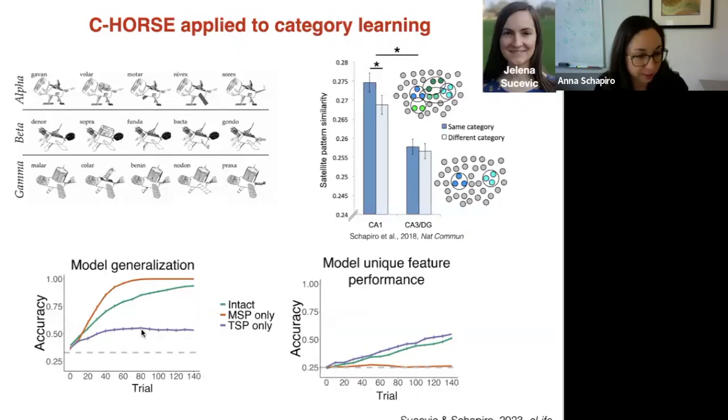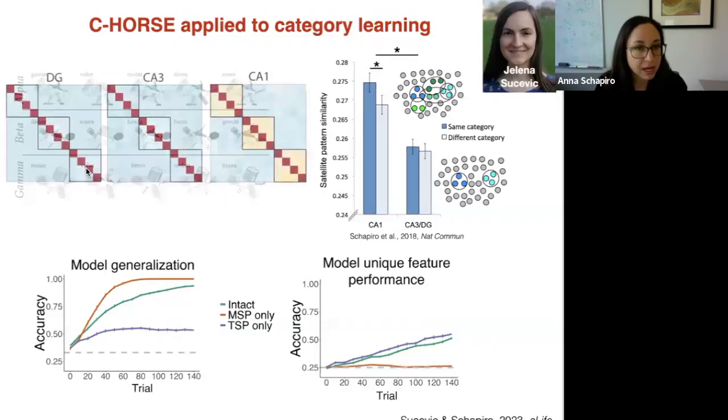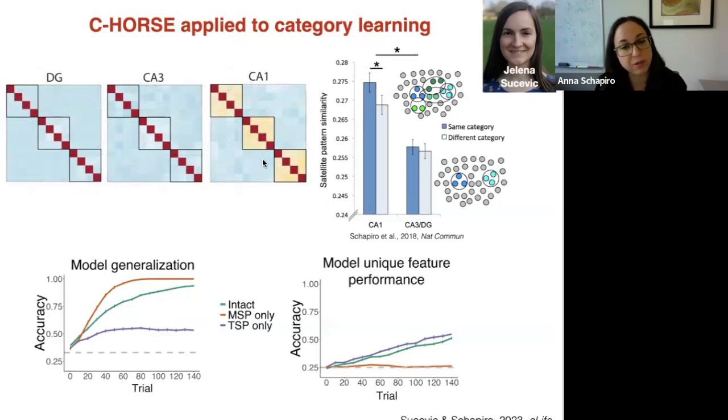But it's really the monosynaptic pathway that's understanding the category structure. And the internal representations in the model are what you'd expect. CA1 shows that nice category structure, whereas dentate and CA3 keep everything orthogonal. And that matches what we had seen in our fMRI experiment.